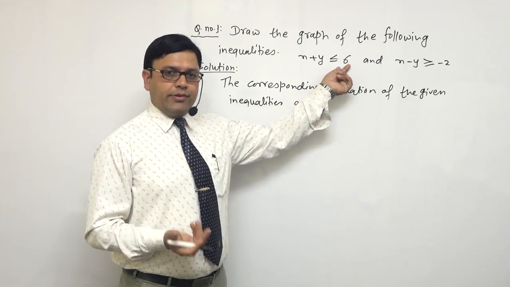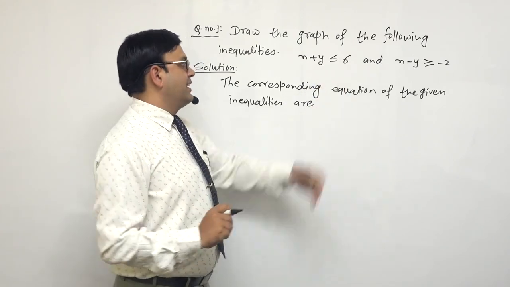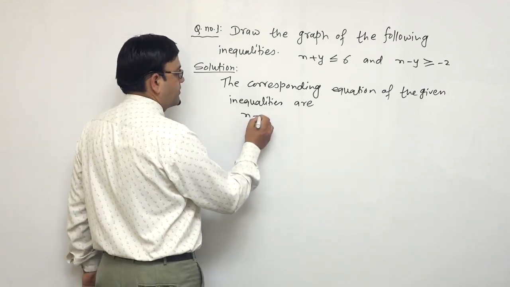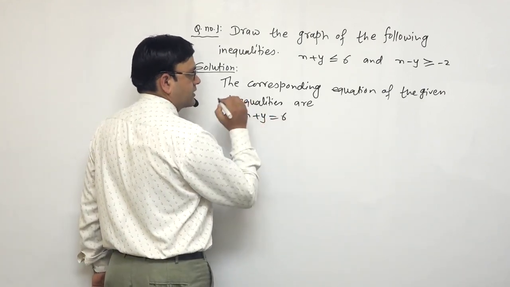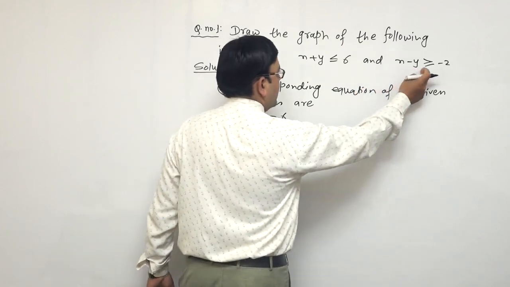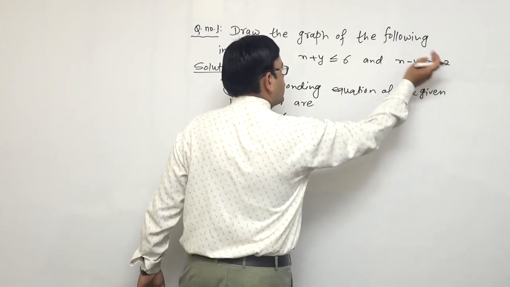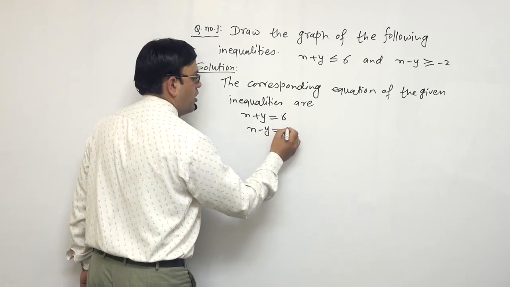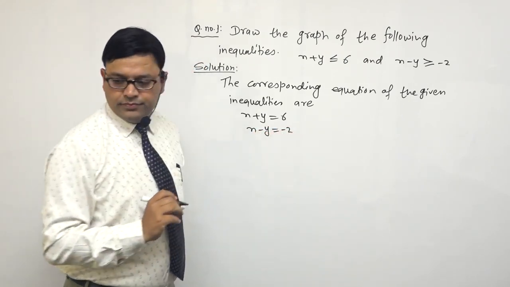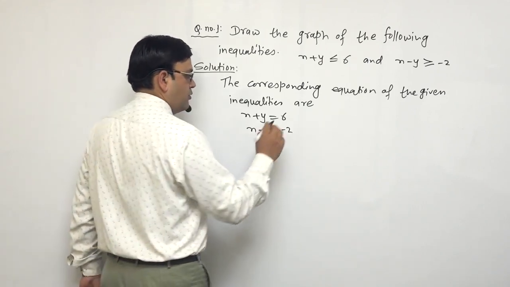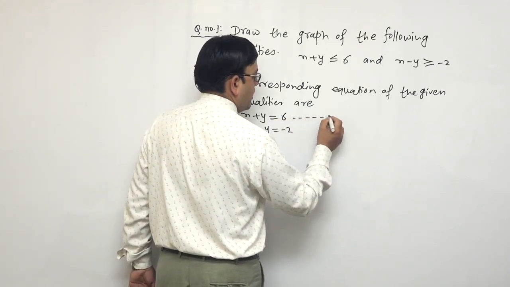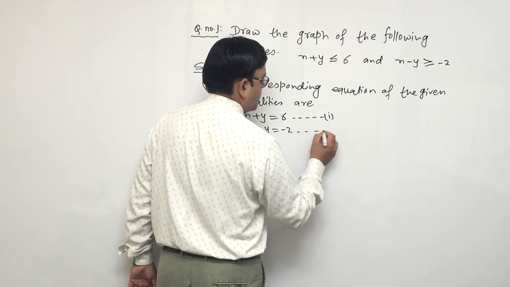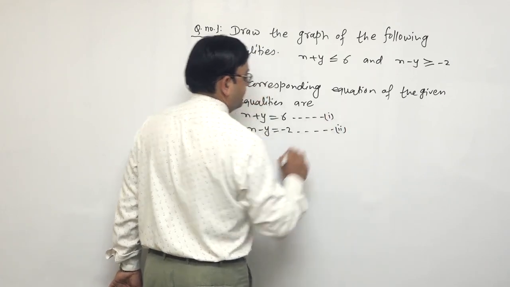This is an inequality. Now we have to write this in equation. So we can write x plus y is equals to 6. Similarly, this x minus y is greater or equals to minus 2. Also we can write in equation form x minus y is equals to minus 2. This is equation 1 and this is equation 2.